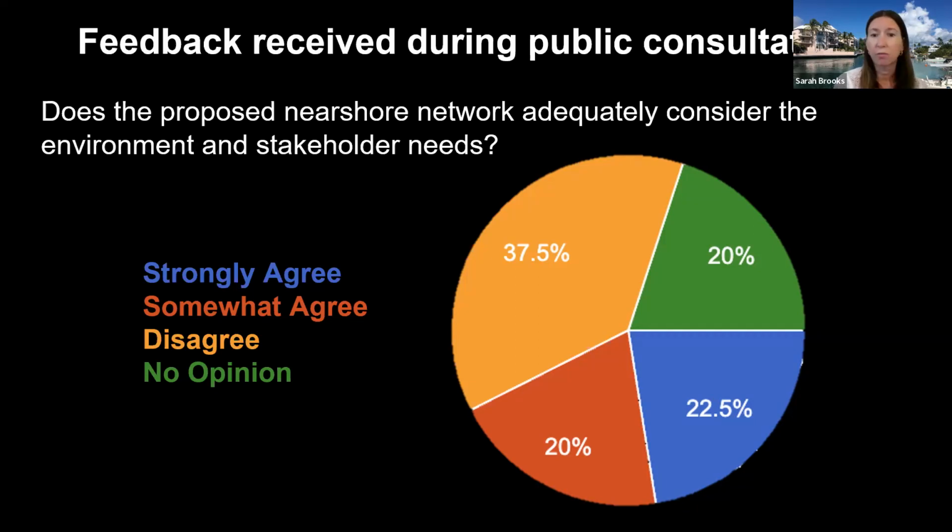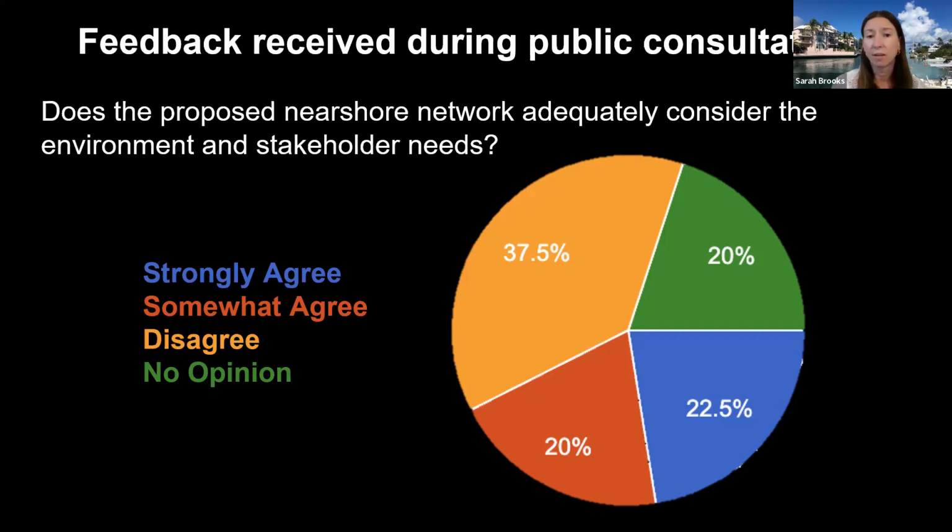The sections in red and blue show those people who were in the agree range, that they thought the network as it stands does adequately consider the environment and stakeholder needs. The green area shows those who had no opinion, and the yellow shows those who disagree.